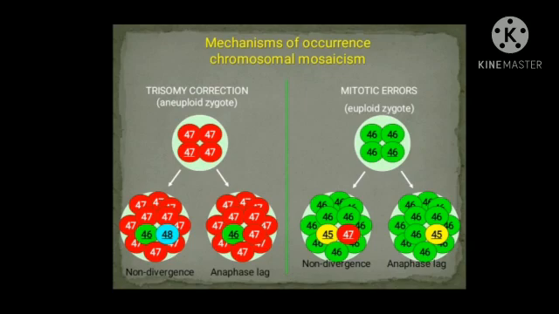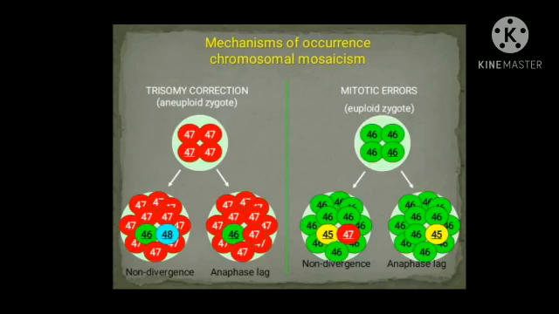This example we call non-disjunction. Mosaicism leads to three types of cell clones: 47, 46 normal, and 48. The other example, anaphase lag, gives only two types of cells, but part of them present an abnormal amount of chromosomes, 47, and part present a normal karyotype.